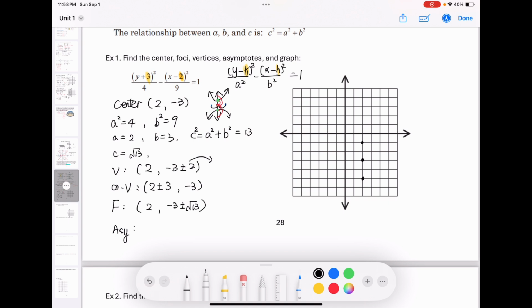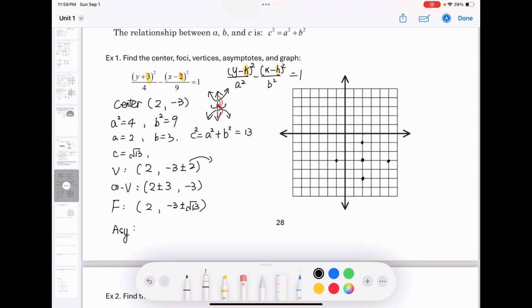And then we can find our co-vertices: 5, negative 3. So let's find 1, 2, 3, 4, 5, here. And then 2 minus 3 is negative 1, so negative 1, negative 3, sorry.